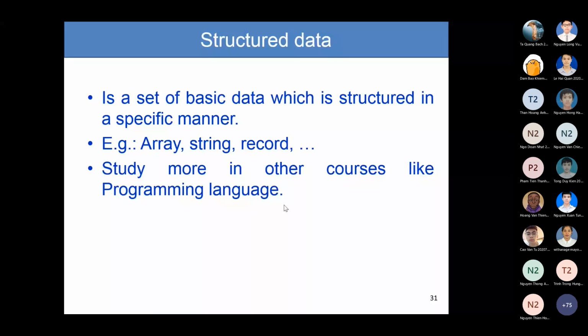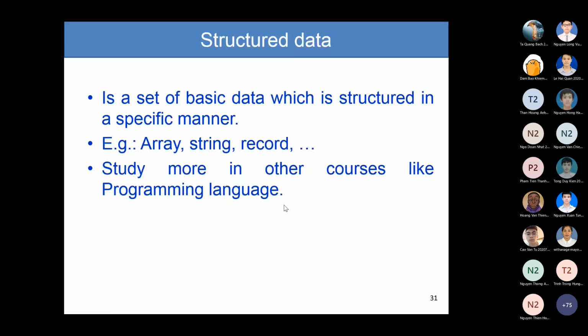We can structure the picture by different points. Each point has different information, and each information may be an integer or maybe a real number. So when we want to represent a picture, we store a group of different real and integer numbers. That is the way we store and represent structured data.